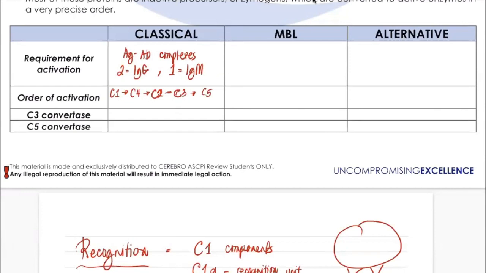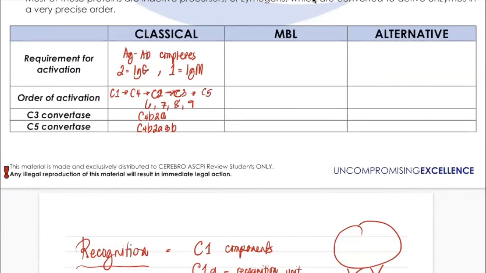Kasi yung 6, 7, 8, 9, hindi mo naman na sila kinikleave eh. Di ba? Now, the C3 convertase for this is C4b2A, and our C5 convertase is C4b2A3B.